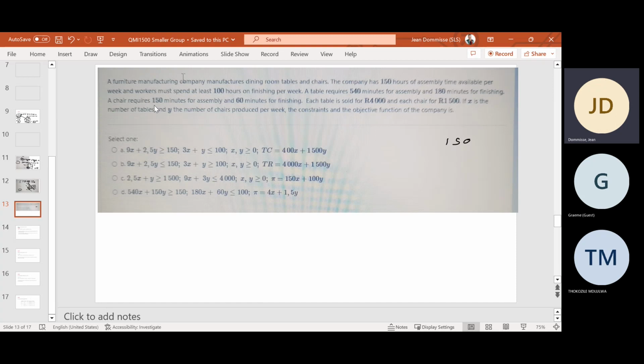A chair requires 150 minutes for assembling and 60 minutes for finishing. Each table is sold for that, and each chair for that. If X is the number of tables and Y the number of chairs per week.